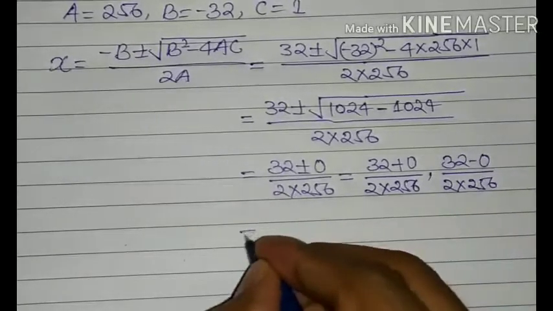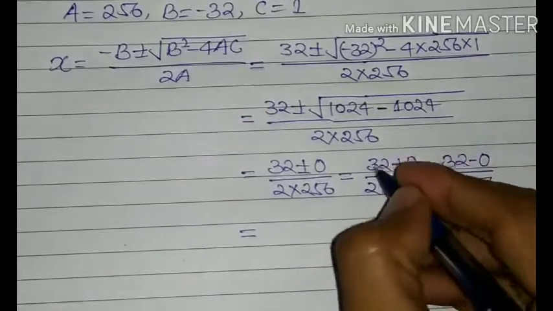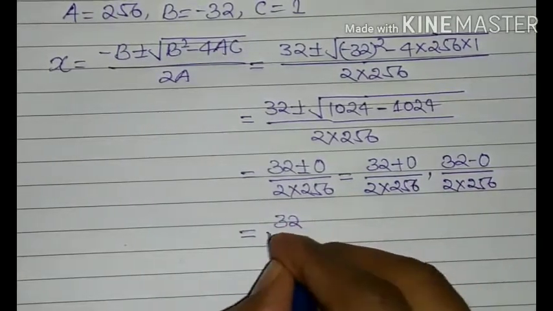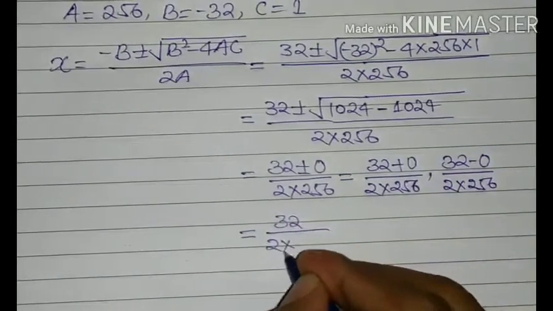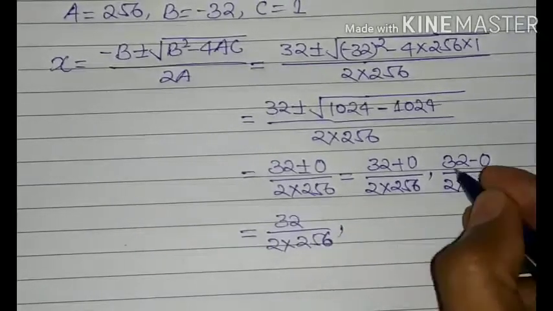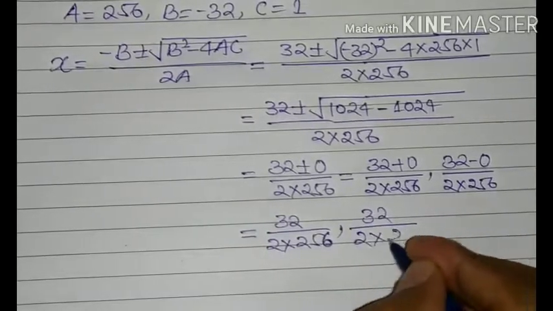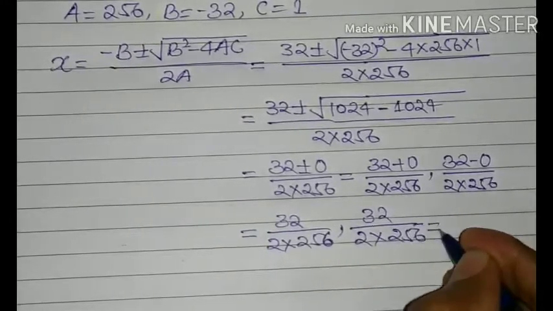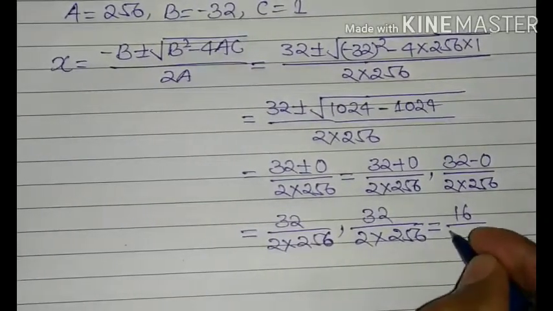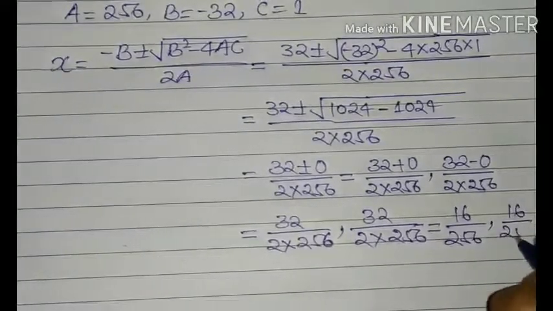Okay, and which will be equals to, 2 cancel out, here will be 16, sorry, it will be 32 plus 0 will be 32 upon 2 into 256 comma 32 minus 0 is also 32 upon 2 into 256, which will be equals to 16 by 256 comma 16 by 256.